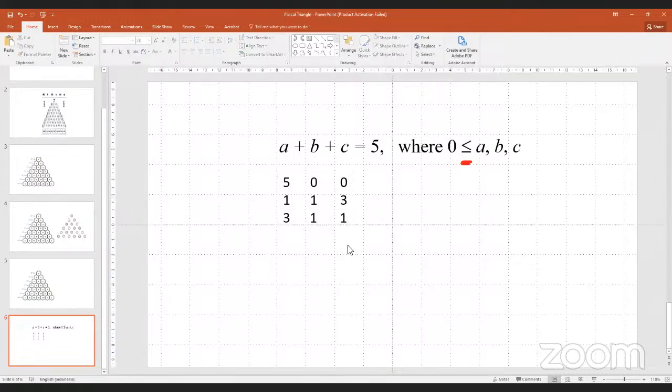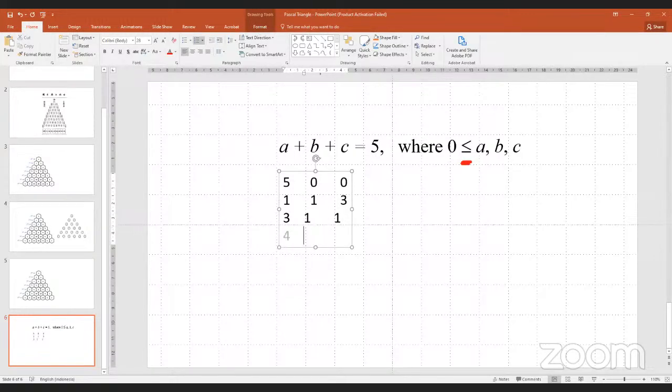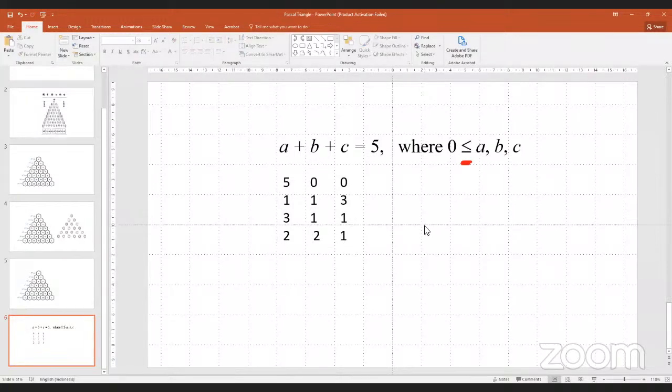Yeah, so those are possibilities. And you have, for example, 2, 2, 1. Now, how many solutions like this? 10 to the power 3.